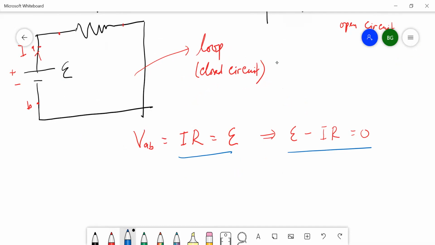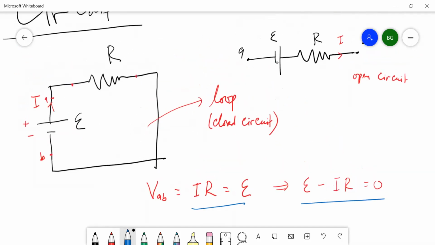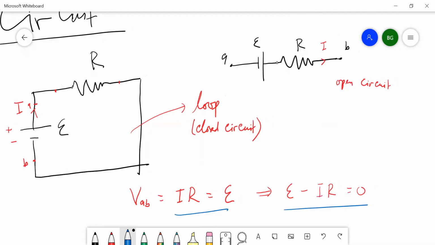Okay. So what happened to the potential across the resistor?